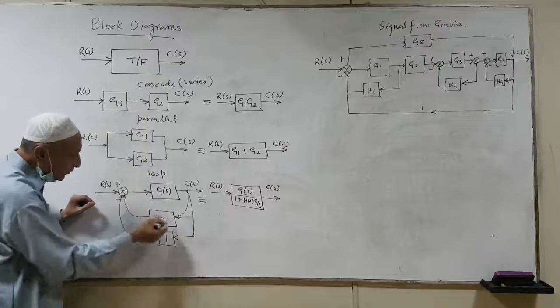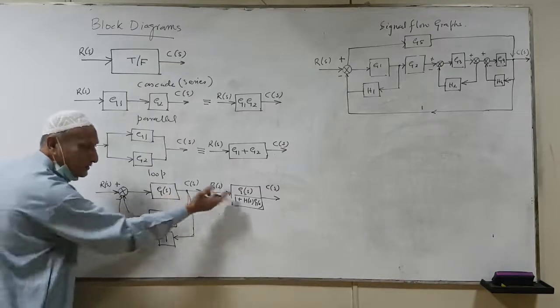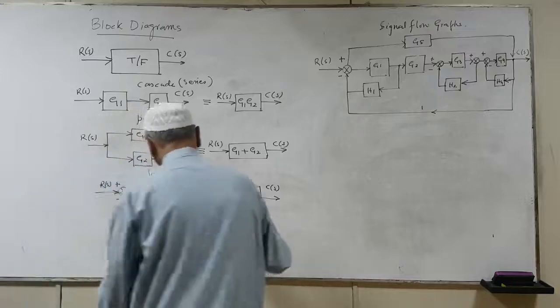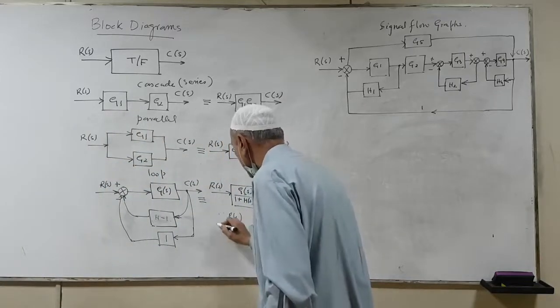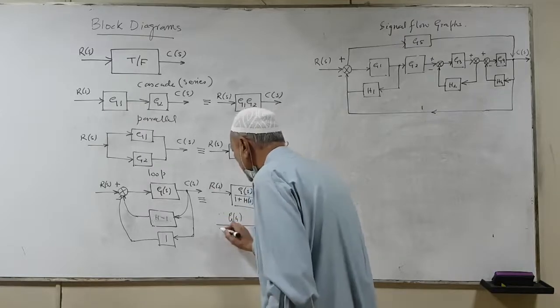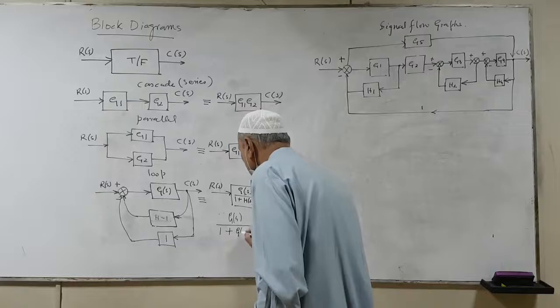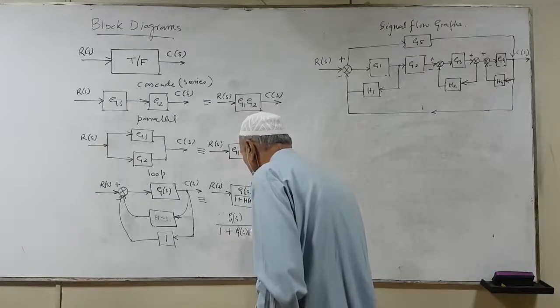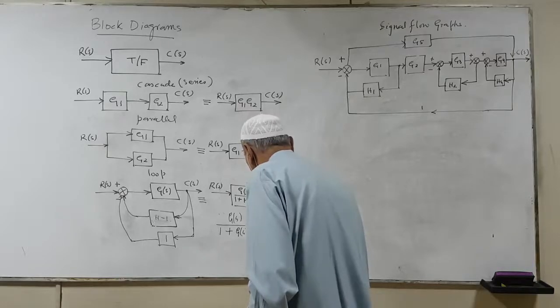Now we have an inner loop and then we have an outer loop. Now we simplify the inner loop according to this formula. So what do we get? We get G(s) divided by 1 plus, since it's a negative feedback system, G(s) into H(s) minus 1.